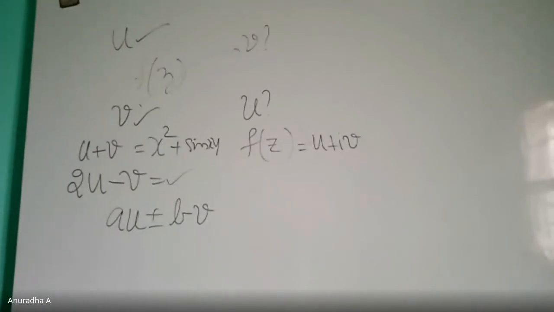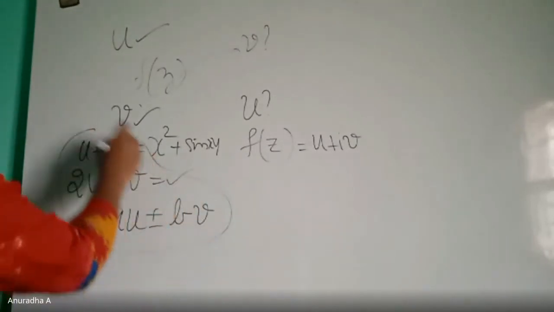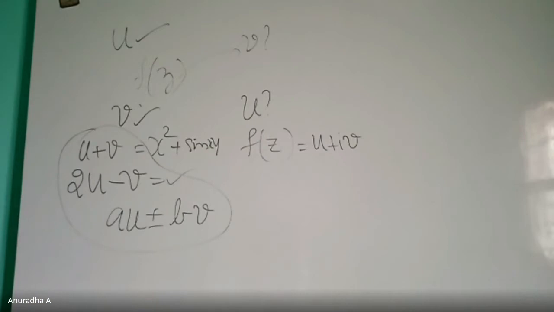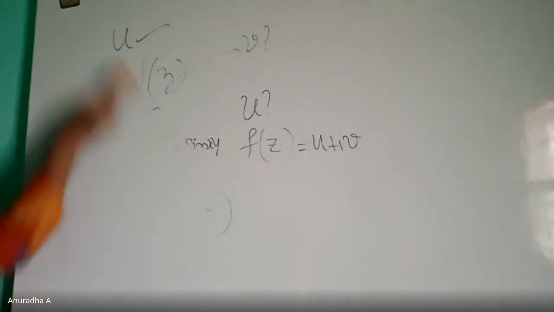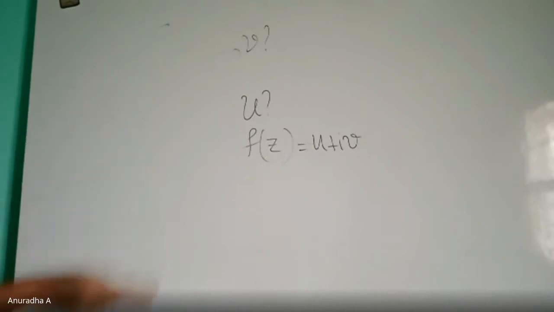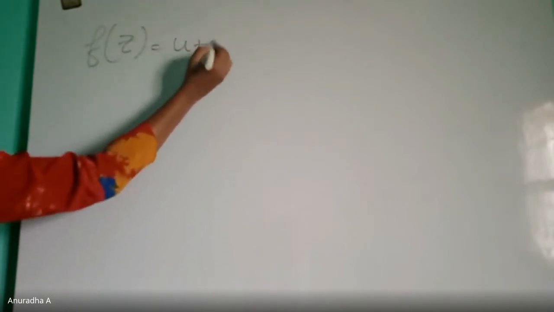For these kinds of sums, we are going to use the following two steps always. To link u and v, we find the general form of f of z, then i into f of z. Whenever such questions are given, we know f of z is u plus iv.